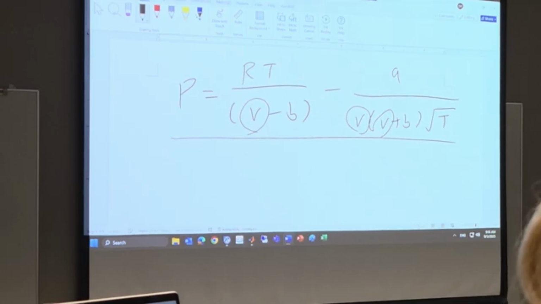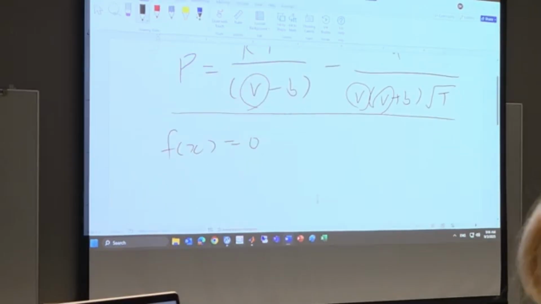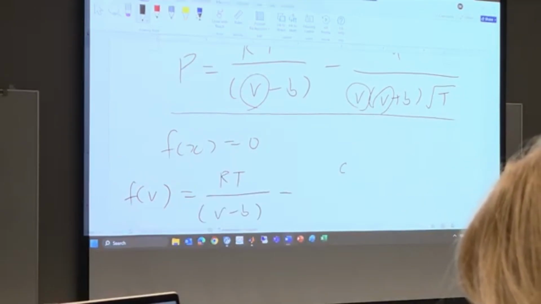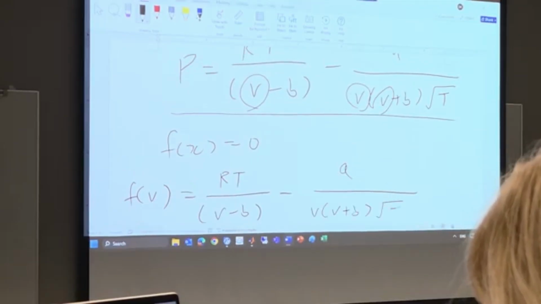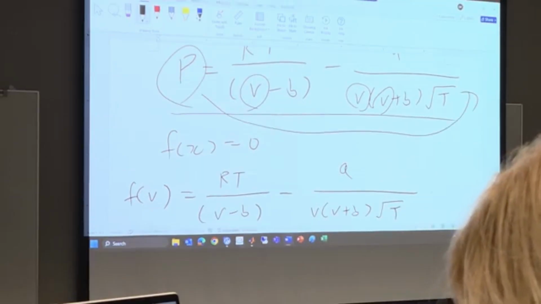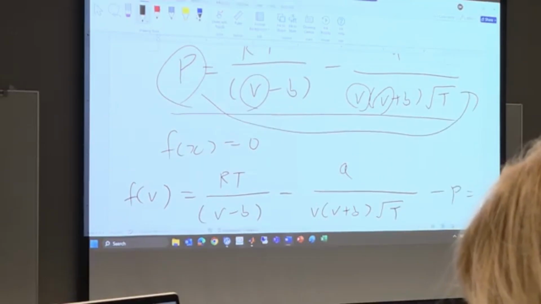You change it to this format, f is equal to 0. We are looking for the specific volume, so RT over V minus B, minus A over V times V plus B times the square root of T, sending P to the right-hand side, minus P is equal to 0.